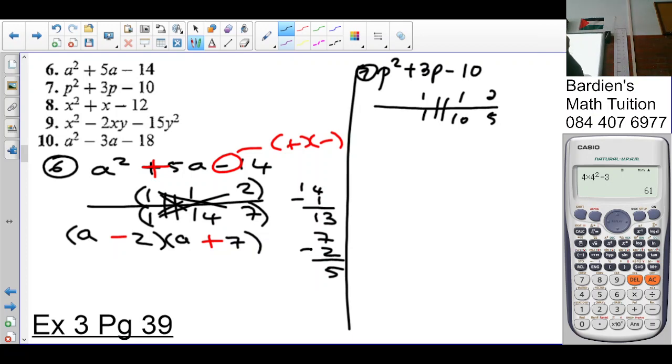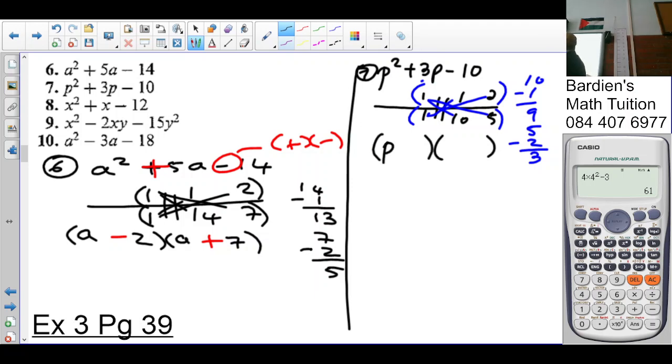We subtract them. So 1 times 10 is 10, 1 times 1 is 1. We subtract, you get 9. I'm looking for 3. 1 times 5 is 5, 1 times 2 is 2. Subtract it, you get 3. And that's what I want. So it goes into the brackets. So there will be a p and a 2, a p and a 5.